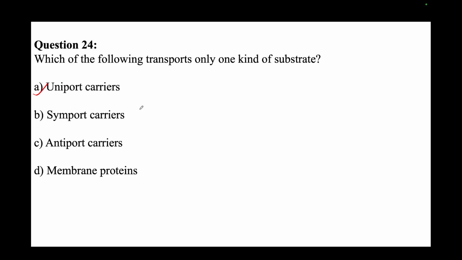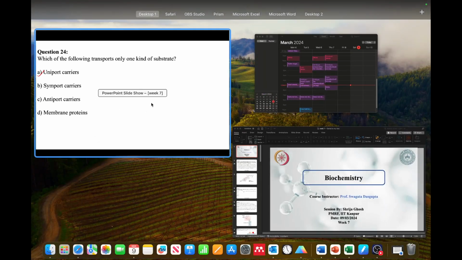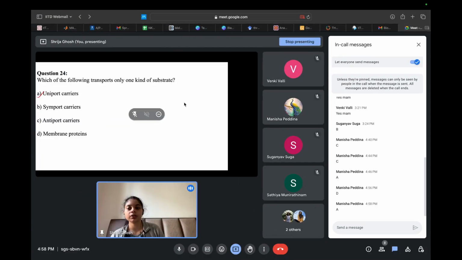So, option A, uniport carriers require only one kind of substrate. I have discussed uni means one. So that means only one substrate is moving from one side of the membrane to the other side.